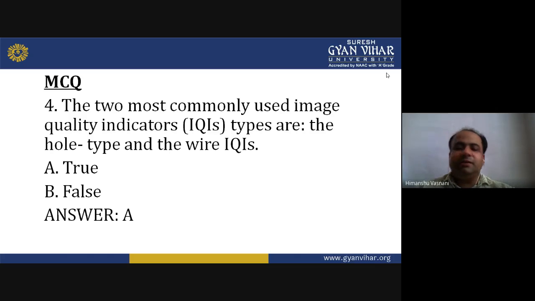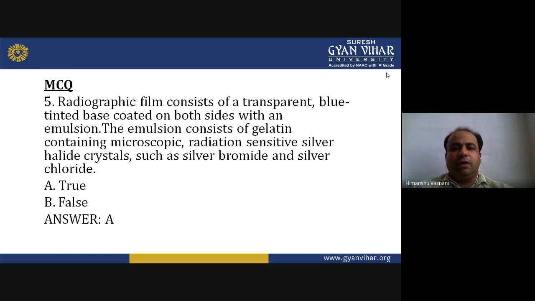We have discussed both kinds of image quality indicators in our slides. So it is true. Fifth: radiographic film consists of a transparent blue tinted base coated on both sides with an emulsion. The emulsion consists of a gelatin containing microscopic radiation sensitive silver halide crystals such as silver bromide and silver chloride. True or false?